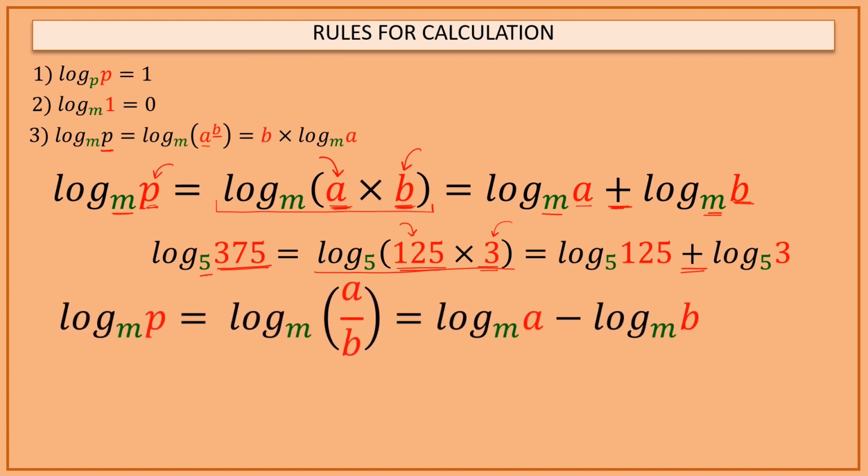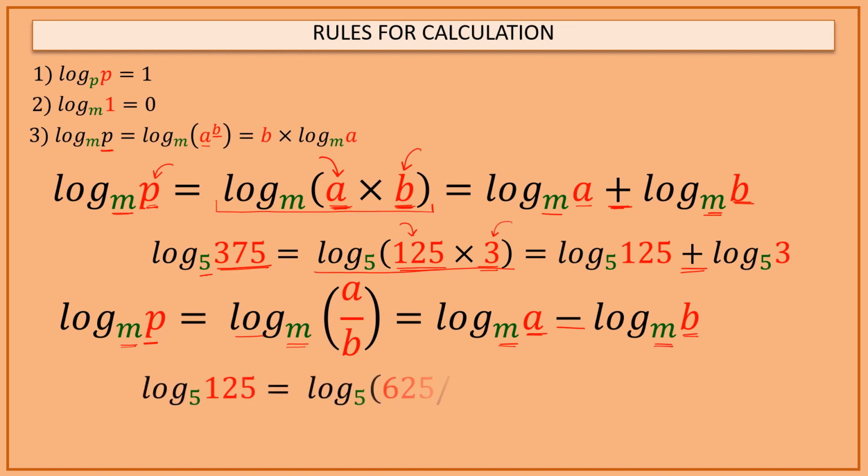Similarly, if we have to perform calculations involving logarithm of p to the base m, where p can be expressed as a upon b, we will be operating on logarithm of a upon b to the base m. This expression can be simplified as logarithm of a to the base m minus logarithm of b to the base m.